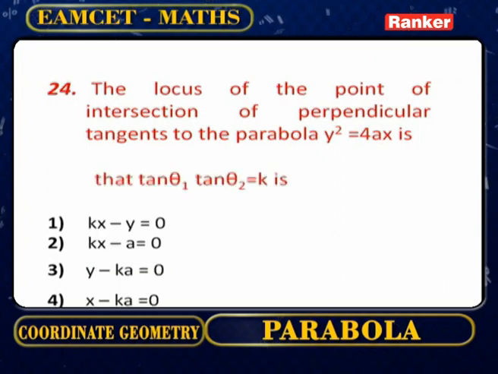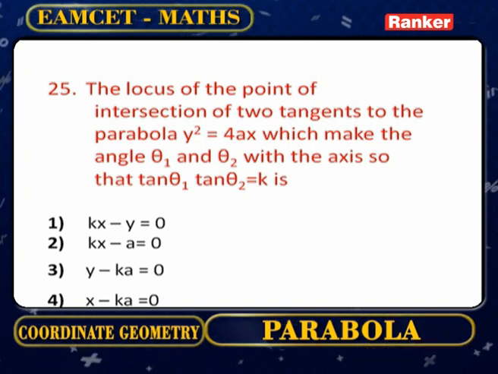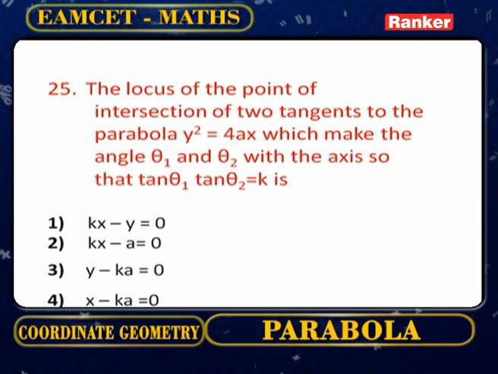Second option. The locus of the point of intersection of two tangents to the parabola y² = 4ax, which make angles theta 1 and theta 2 with the axis such that tan theta 1 into tan theta 2 equals k.